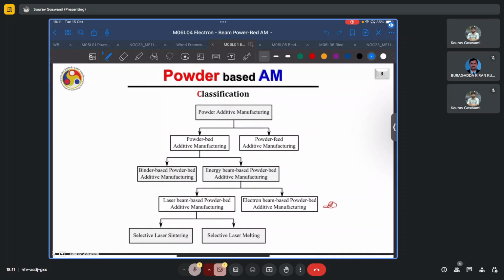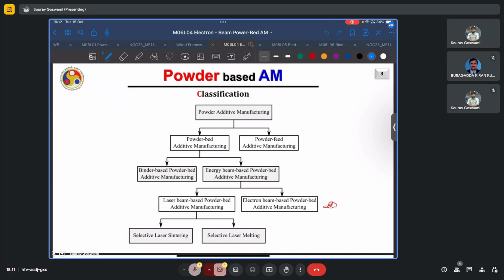Based on Professor Kapil's categorization, we have been dealing with AM processes based on the type of feedstock being used. The last module has been dealing with powder additive manufacturing, or processes that have a powder as the material feedstock.